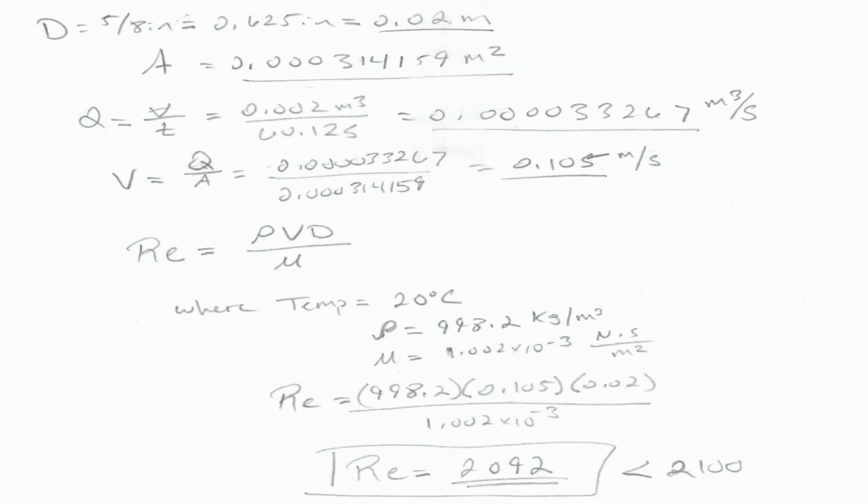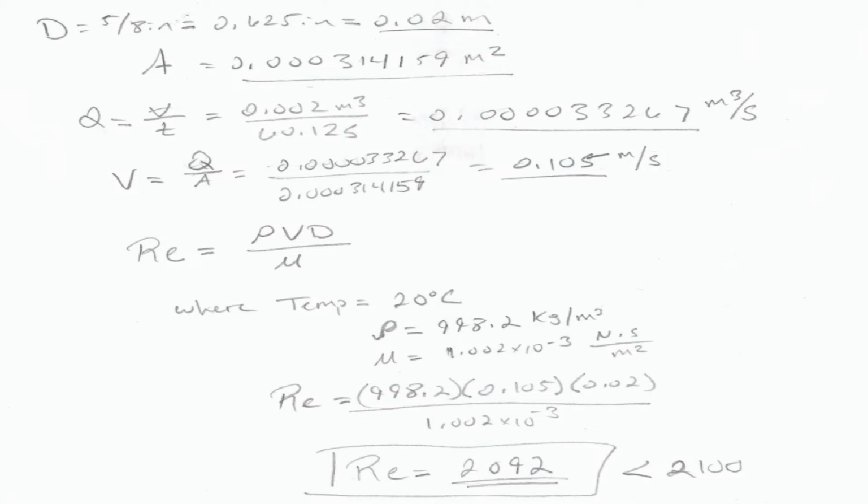If you look at this picture here, these are the numbers that I came up with to calculate my Reynolds number. Reynolds number is going to be rho V D over the viscosity. I calculated the area by taking measurements of the discharge orifice. I got the flow rate by taking a 2-liter container and timing how long it takes for this flow to fill up that container.